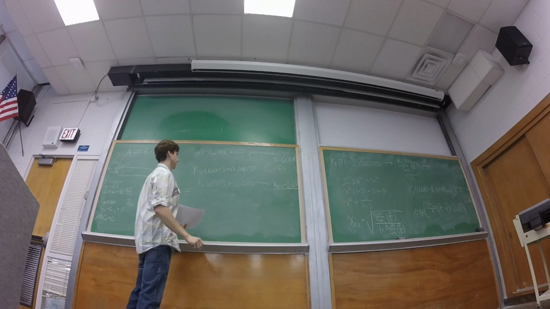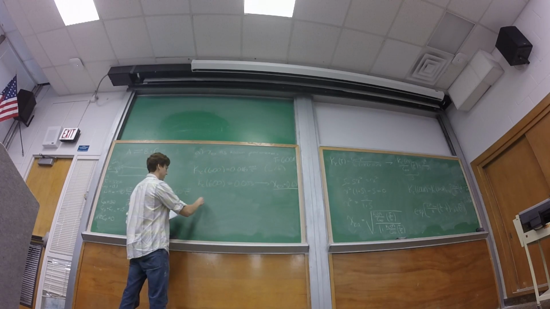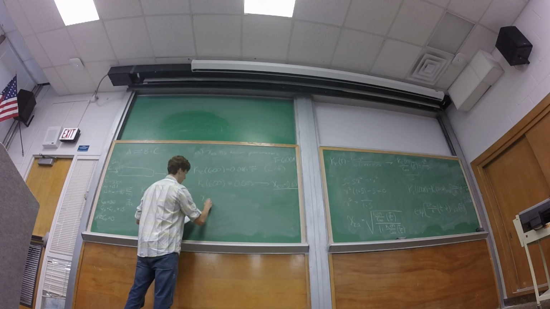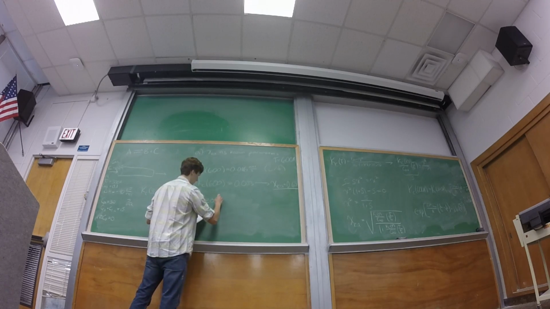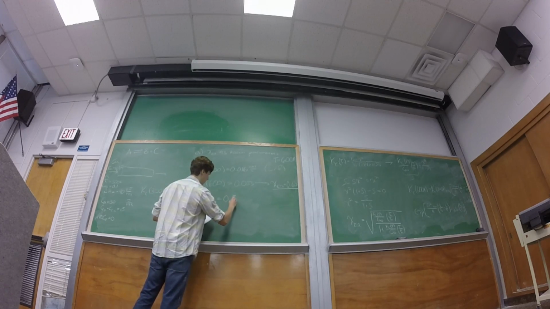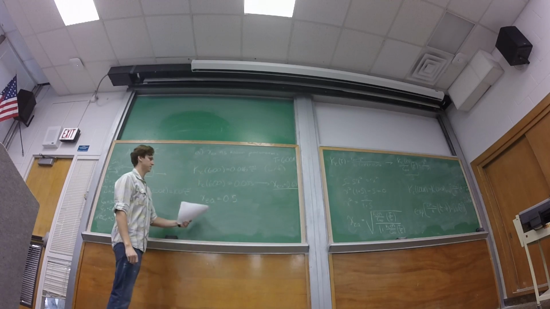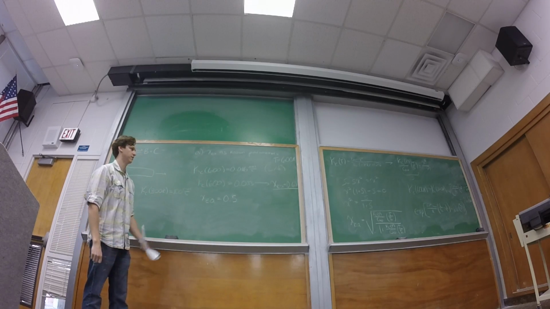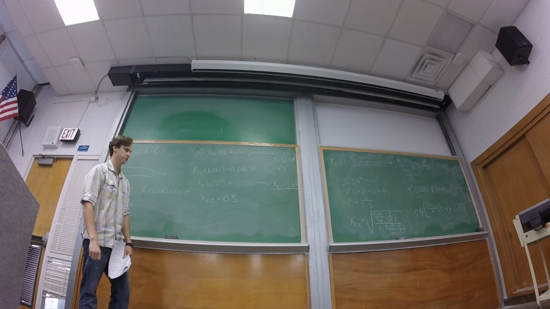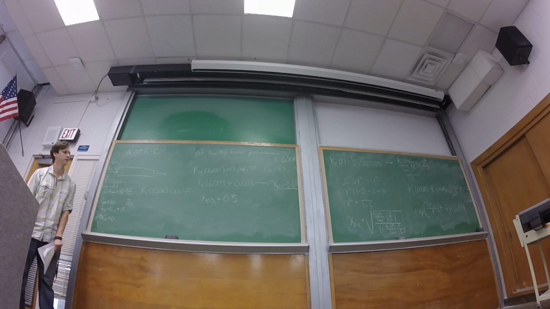But if you use the 0.016 for Kc, your equilibrium conversion comes out to be 0.5 exactly. So in this case, it did make a difference, but again, as long as you state your assumptions, it doesn't matter what you use, you get full credit.